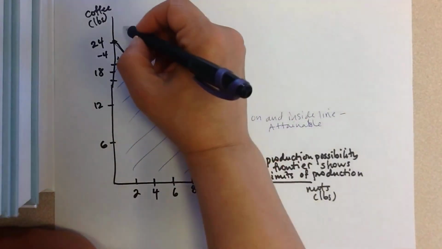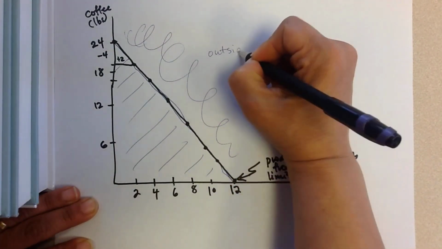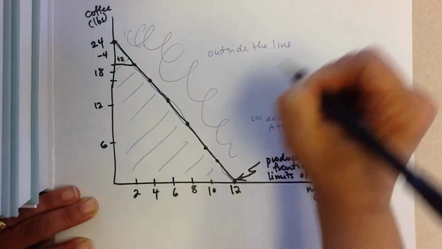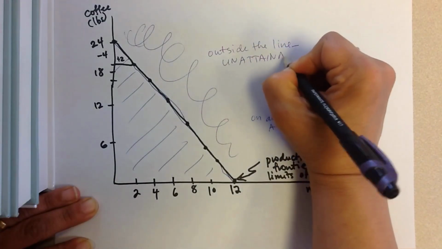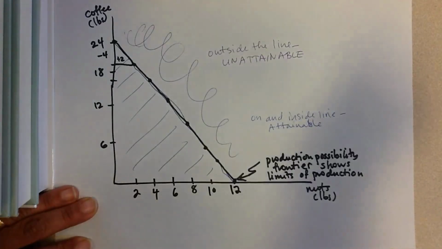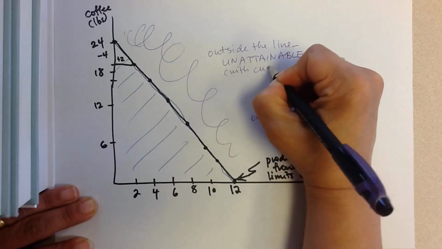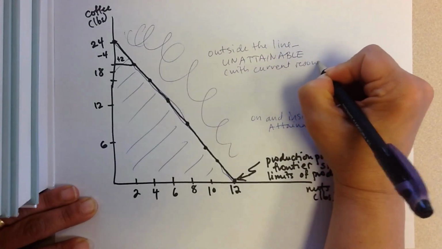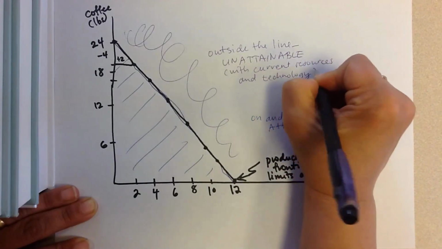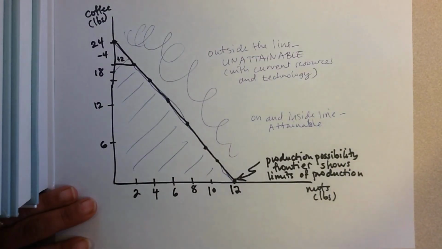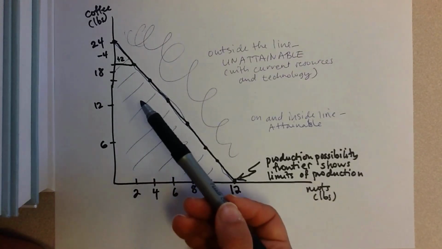And then outside the line, these are unattainable, with the current resources and the current technology. So the production possibility frontier, I think that's why frontier is a really good word. It is the boundary, the borderline between what's attainable and what's unattainable.